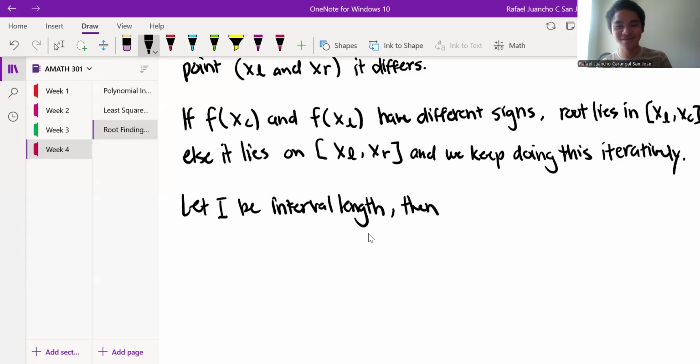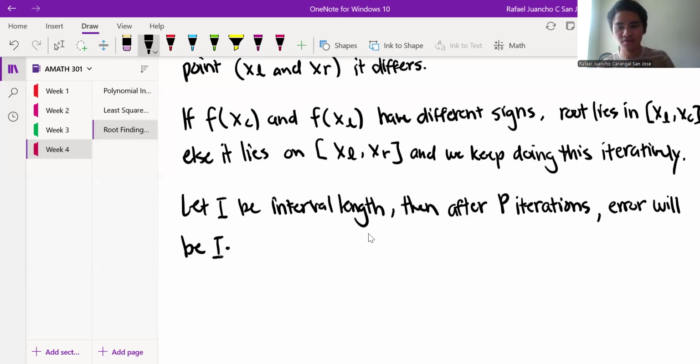After a certain number of iterations, let's just say P iterations, there will be an error. And that error will be I multiplied by 2 to the negative P. So that's the error, and this is the idea of finding the root again and again while measuring this error.